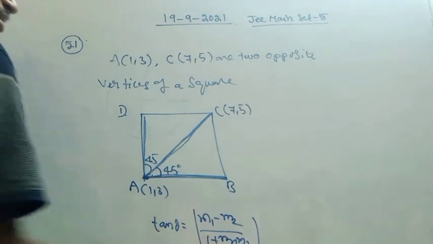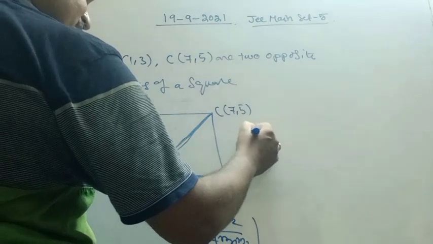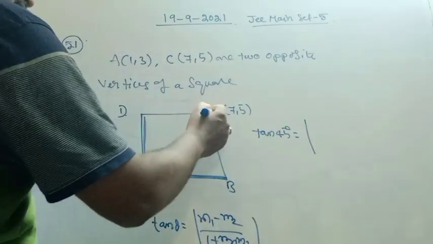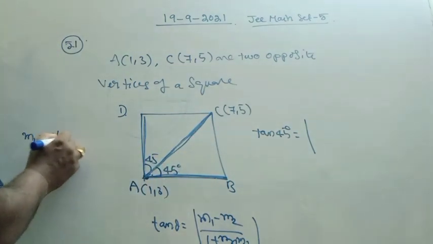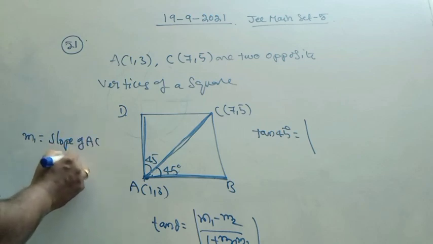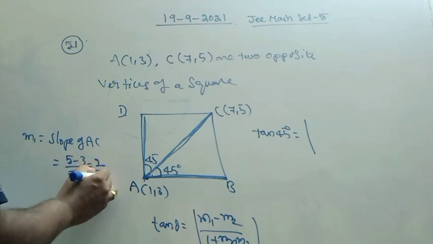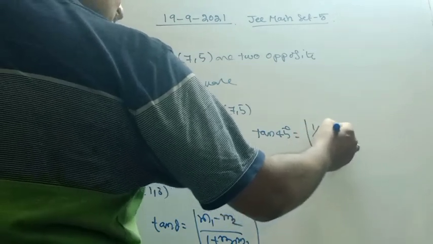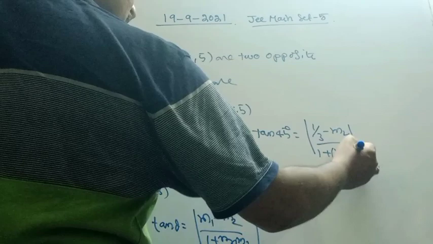Here tan theta is tan 45 degrees, and m1 is the slope of AC, which is (5 minus 3) by (7 minus 1), that is 2 by 6, which is 1 by 3. So we take (1/3 minus m2) by (1 plus (1/3) m2).